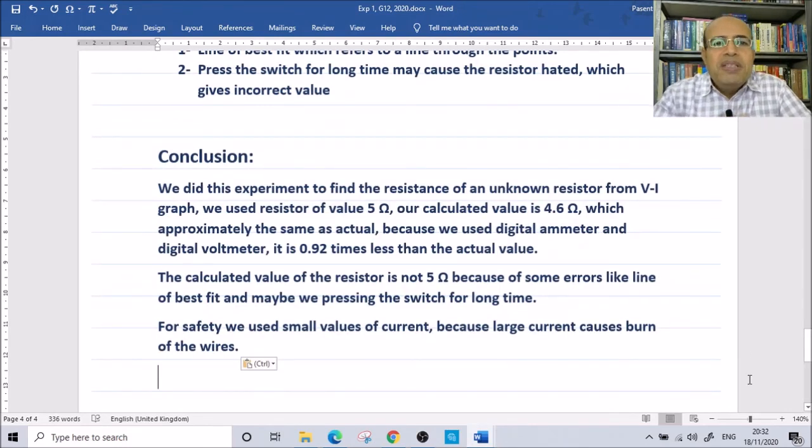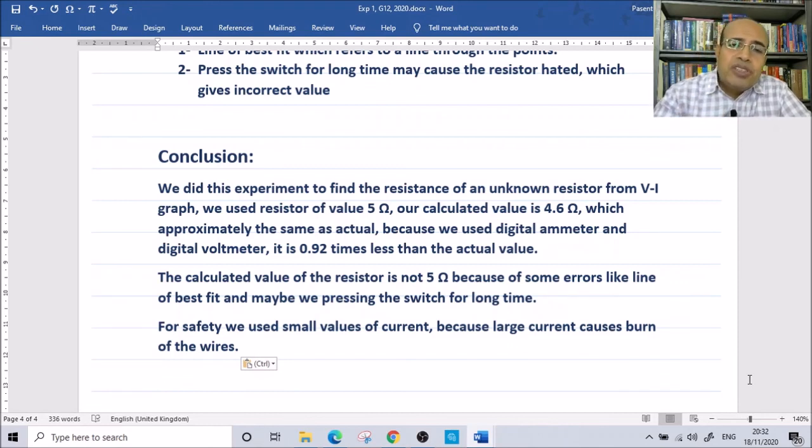We did this experiment to find the resistance of an unknown resistor from the V-I graph. We used a resistor of value 5 ohm. Our calculated value was 4.6 ohm, which is approximately the same as the actual, because we used a digital ammeter and digital voltmeter.